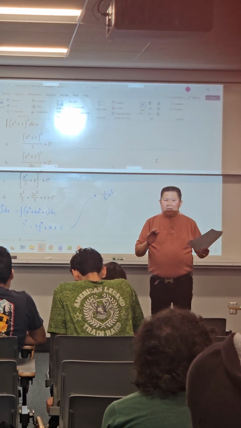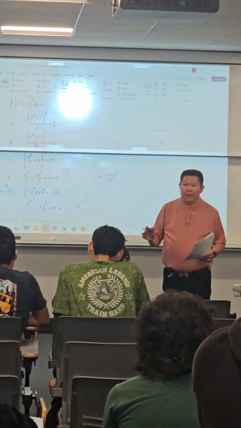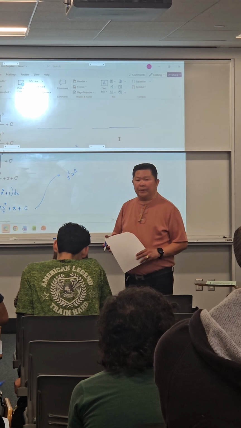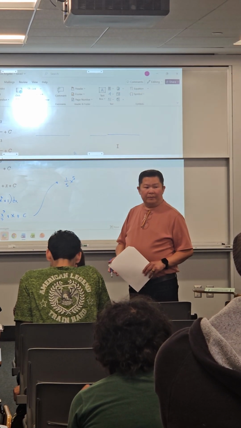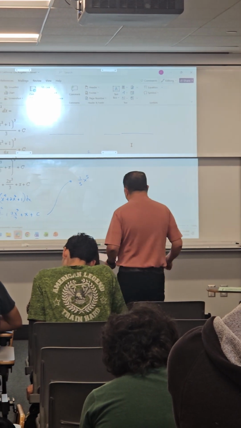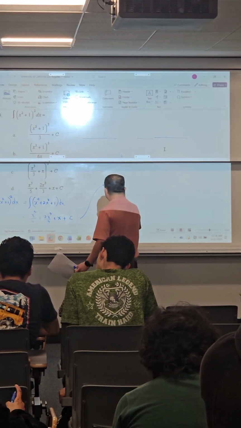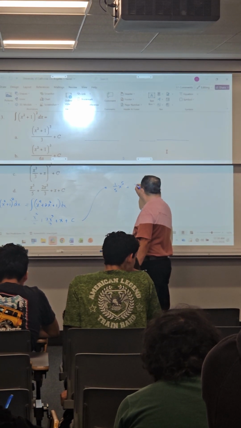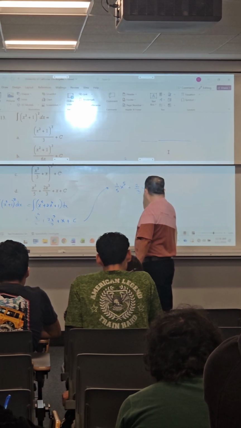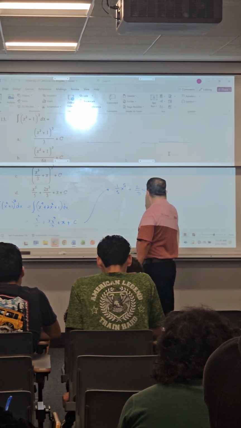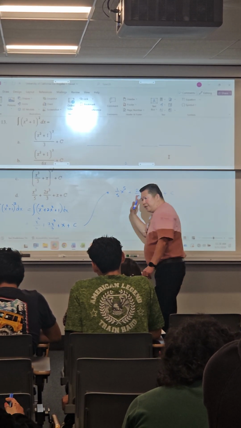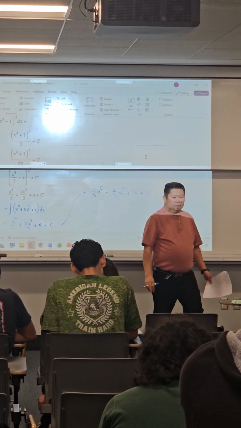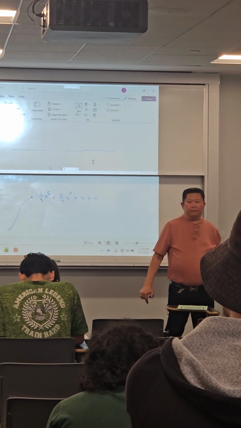As I said, we have to save time, okay? Saving time is very important, guys. Anyway, thank you for your question. You can have it this way, and then 2/3 x to the power of 3 plus x plus c. They're just the same. Okay? As much as possible, we save time.